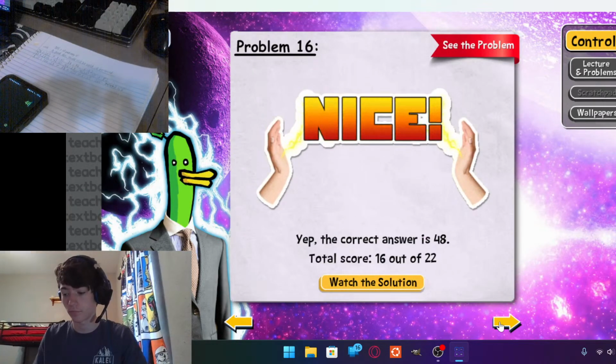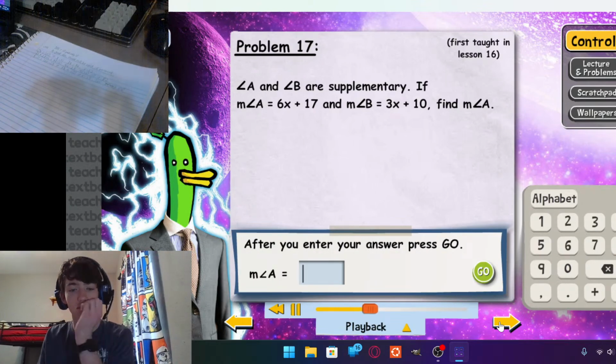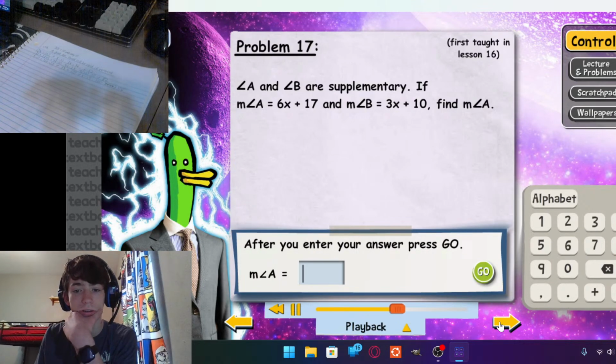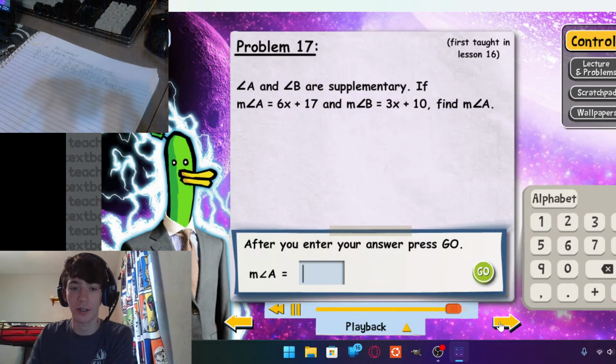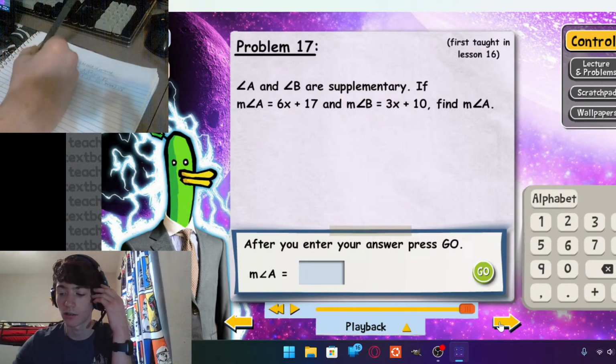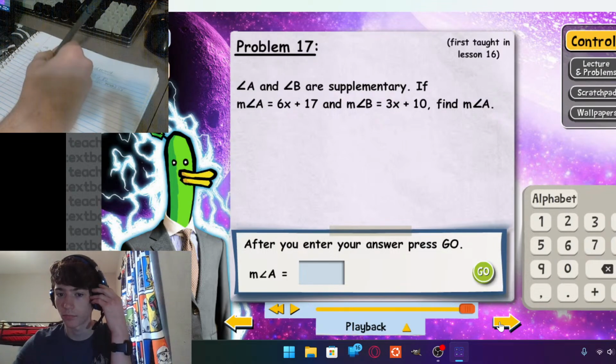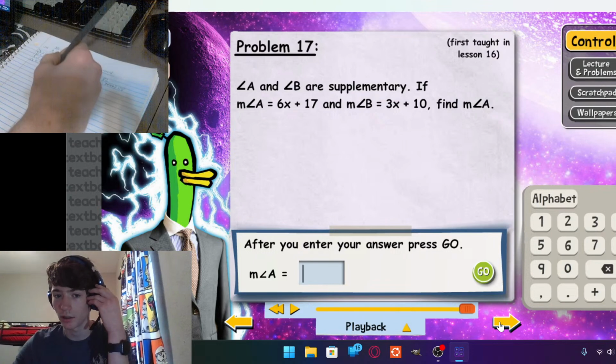Angle A and angle B are supplementary. If the measure of angle A equals 6x plus 17 and the measure of angle B equals 3x plus 10, then you need to find the measure of angle A. Since they're supplementary, they add to 180. So 6x plus 17 plus 3x plus 10 equals 180.